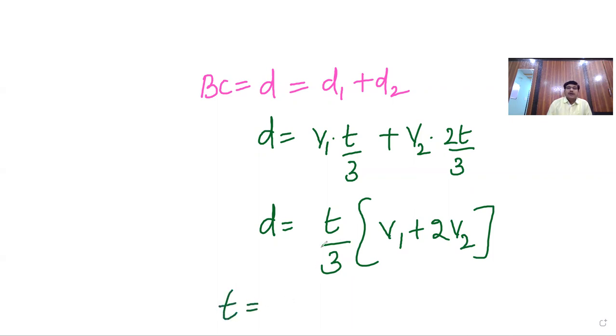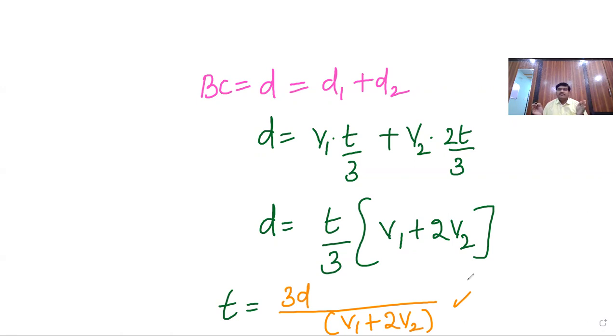On simplification, by cross multiplication, t is equal to 3d by v1 plus 2v2. This is the total time taken for the coverage of the remaining distance, d1 plus d2.